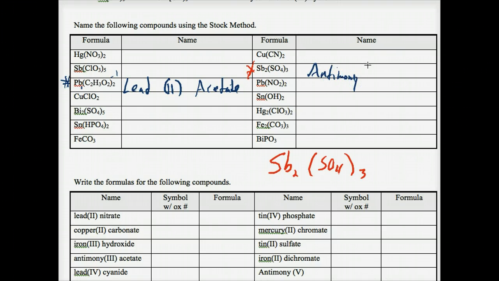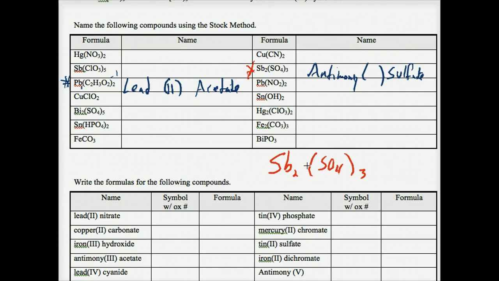Antimony is in the middle of the periodic table. It's not in the first two columns or the diagonal of silver, zinc, and aluminum, which means it's a metal that needs the stock method of naming, or Roman numerals. SO4 is sulfate. We have 3/4 of the work done. Can't say antimony sulfate because antimony has different versions. So here's where we actually have to figure out its charge.